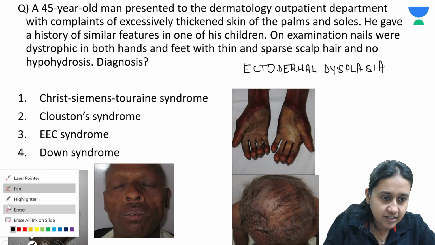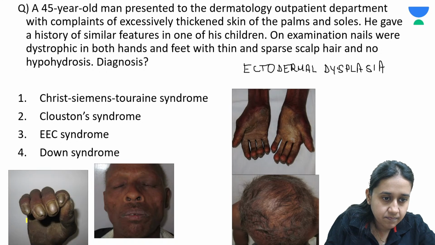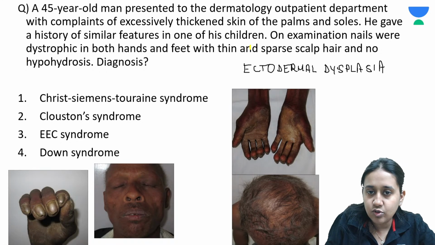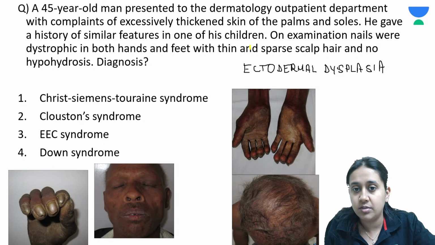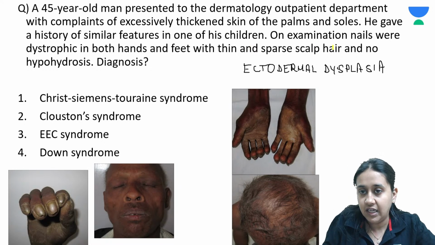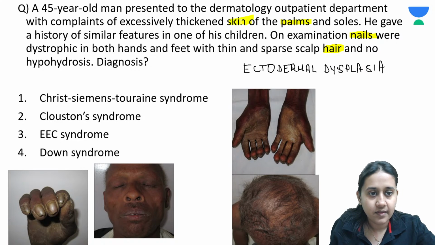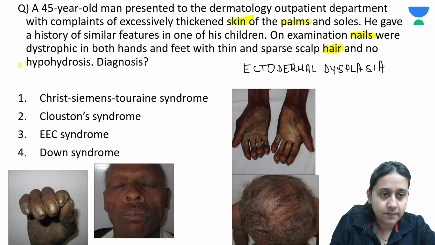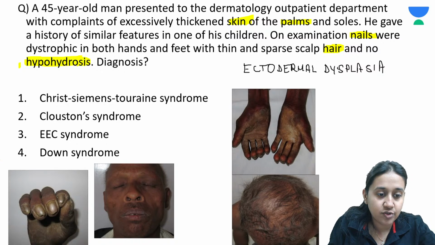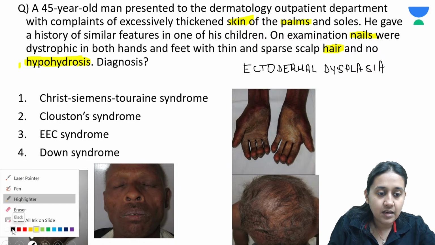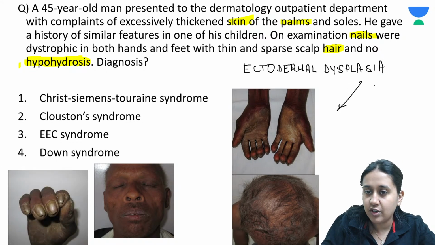Now, what are the ectodermal dysplasias? These are those group of disorders where all the ectodermally derived tissues are defective, like hair, nails, teeth, skin, sweat glands. We have divided them into two groups depending upon the involvement of sweat glands.